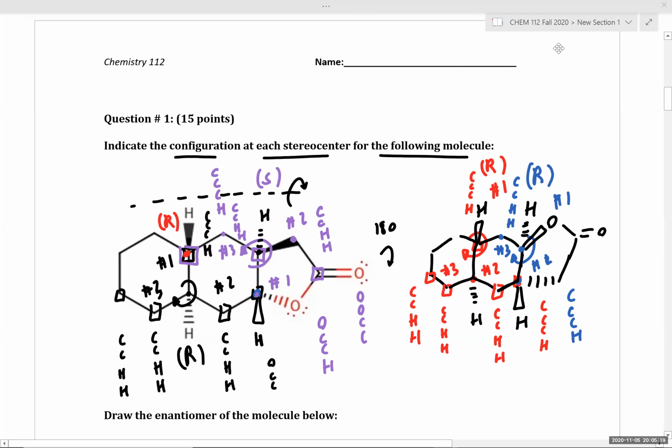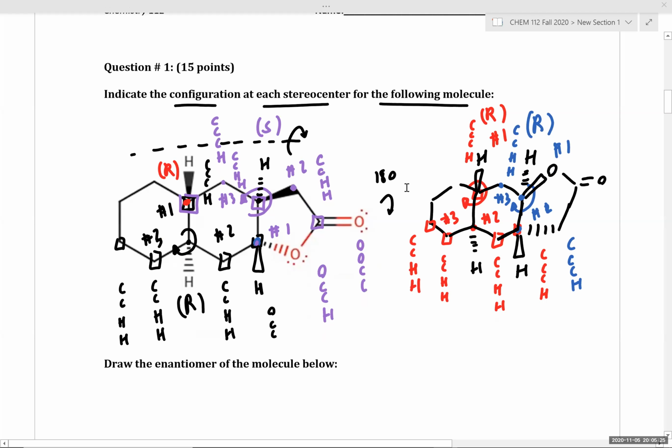Okay, so we've assigned stereocenters, which are carbons with 4 unique substituents, of course excluding meso cases.